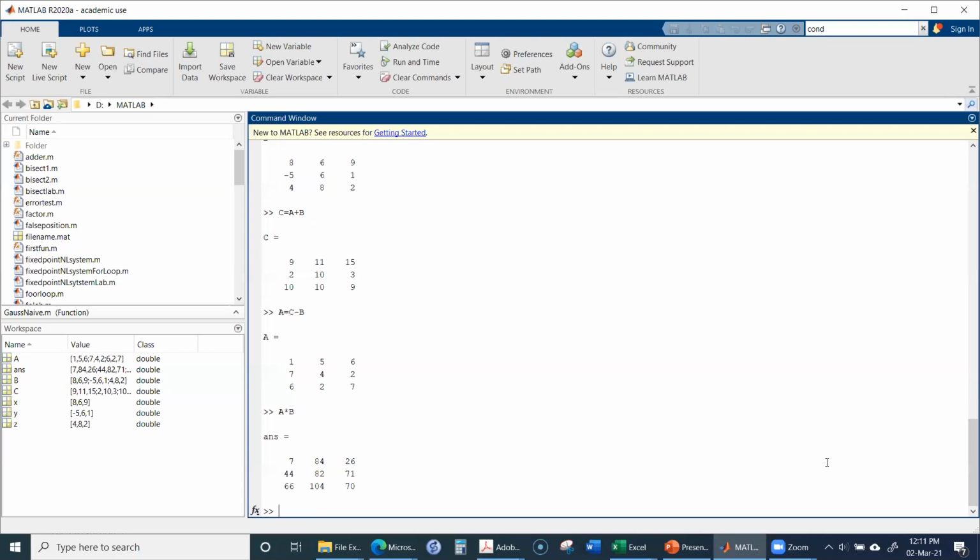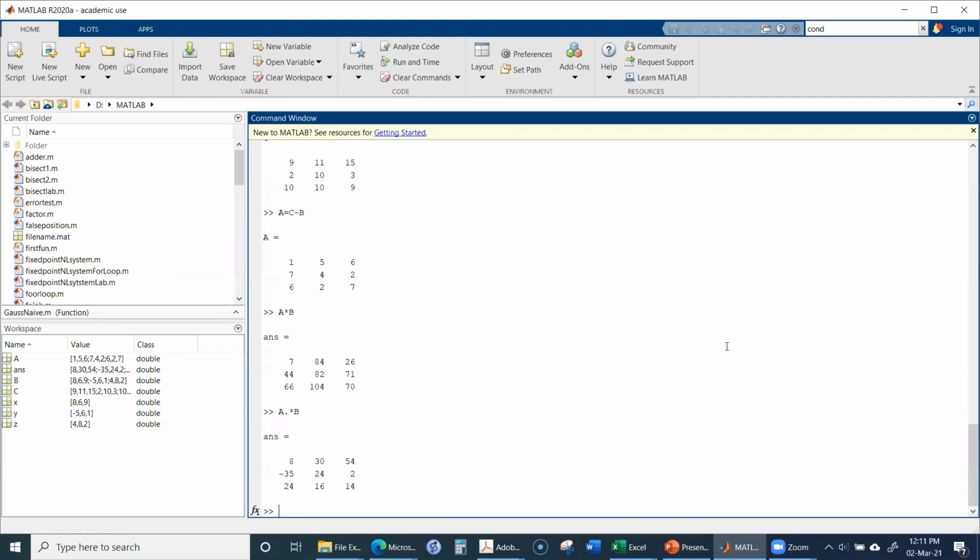On the other hand, if we want to multiply only the corresponding elements, then we use A dot star B. This is the dot, not a comma, dot star B. In this case, the respective elements of A and B will be multiplied.